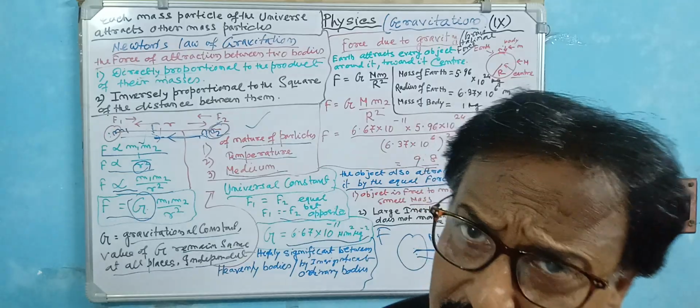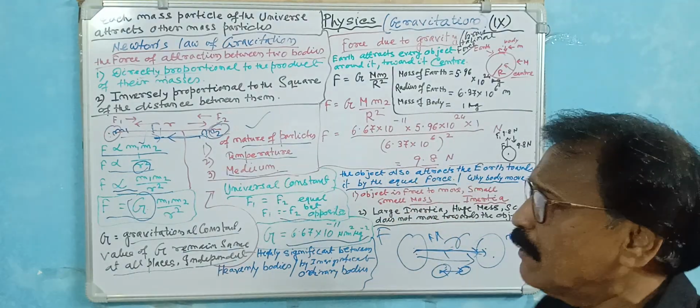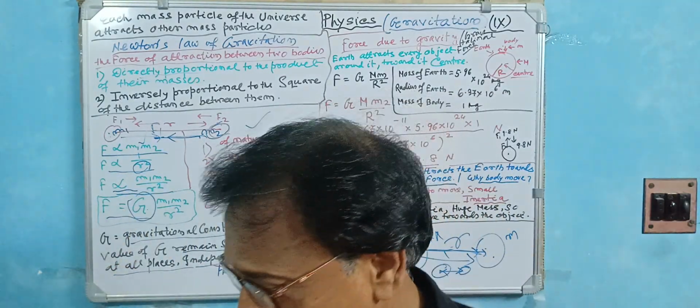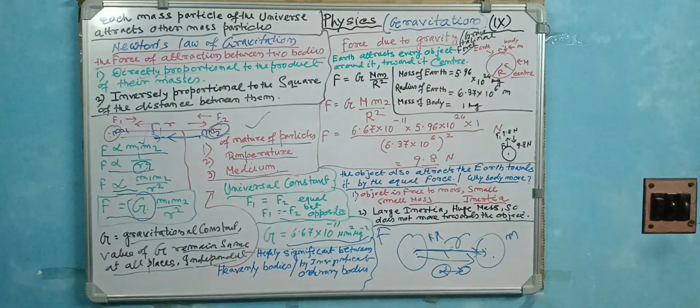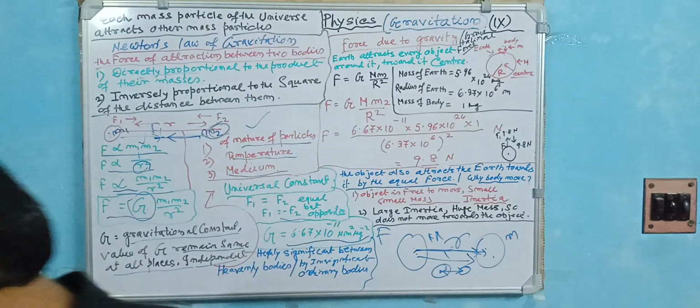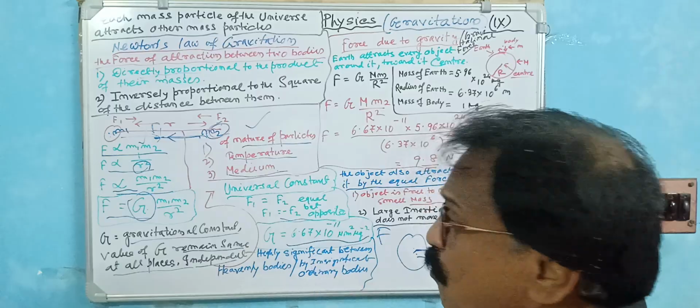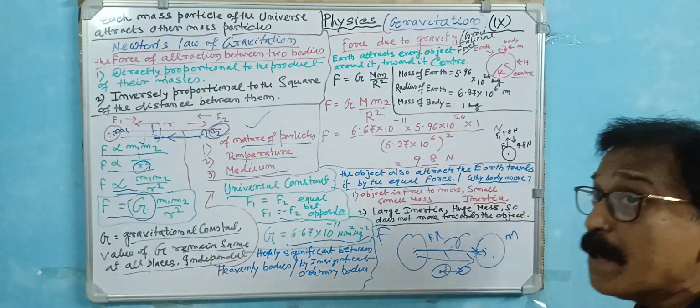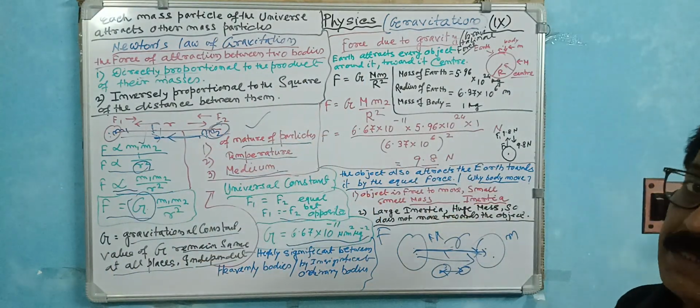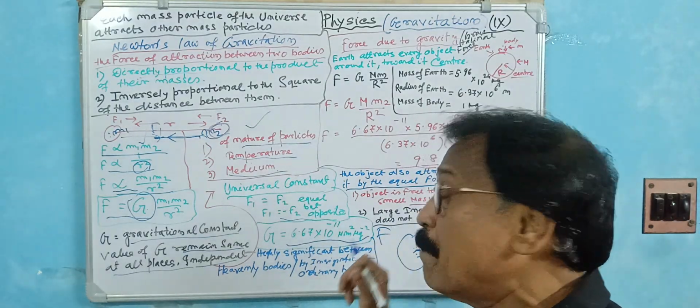From there you calculate G. If m1 is 1 kg, m2 is 1 kg, r is 1 meter, then you calculate this. So you just remember G is equal to 6.67 into 10 to the power minus 11 Newton meter square kg to the power minus 2.